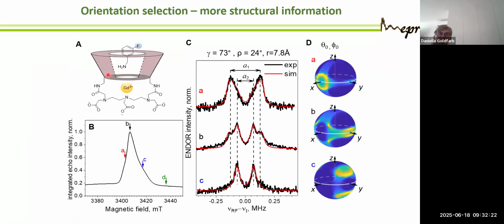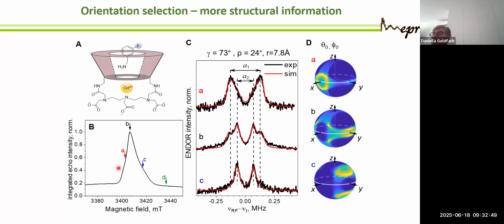So I told you that gadolinium is great because it has no orientation selection. But sometimes, surprisingly, when the zero field splitting is very large, it does. What's nice is that you can decide where you measure, and in some cases you can have orientation selection that can help you with structure.